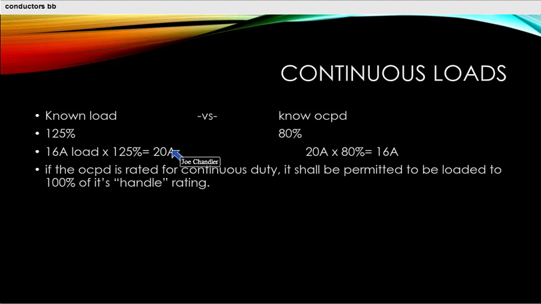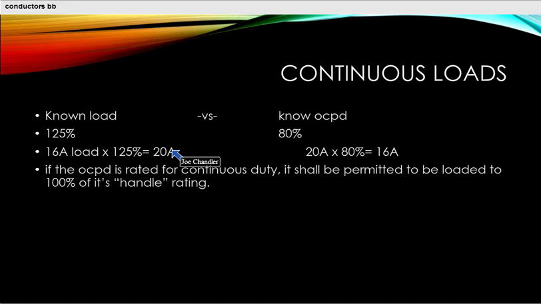The reason that's true is because most of our overcurrent devices are not rated for continuous use. So we cannot load them up to their handle rating, is what I call it. Meaning that whenever you look on the handle of a breaker, it says 15, 20, 30, 40, whatever it is, you cannot load that all the way to that value with continuous load. I mean, it's going to last for 3 hours or greater.